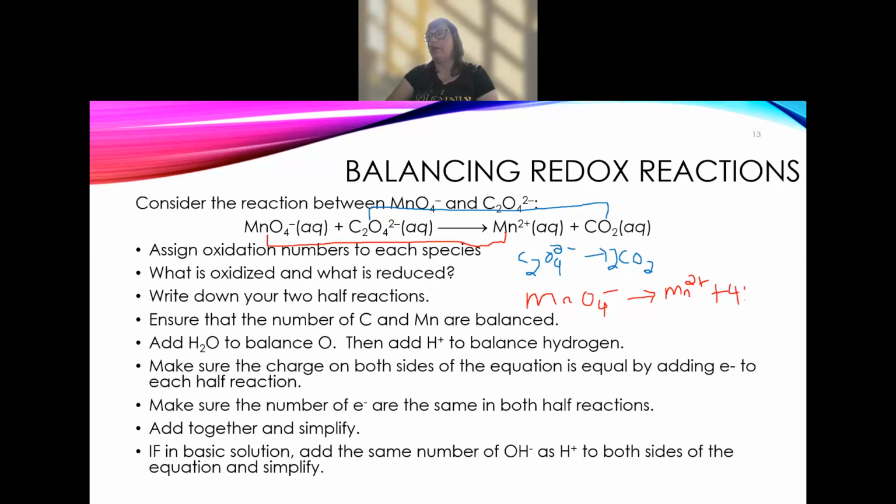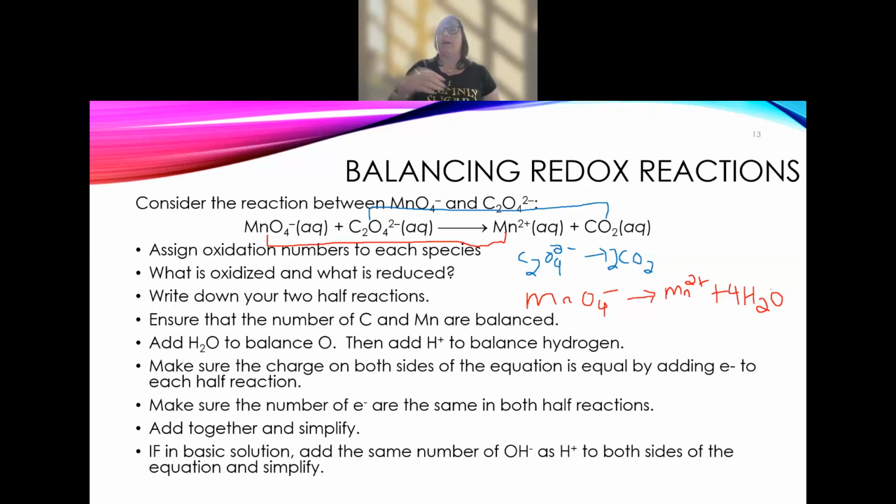And you'll notice that I do not do it like this when I write things on paper, because I get tripped up if I do this. Inevitably, I make a mistake and I cannot deconvolute everything that I've written down to figure out where I made it. So I write everything stepwise and have each equation as one single step. I write my half reaction, C2O4 2- goes to CO2.